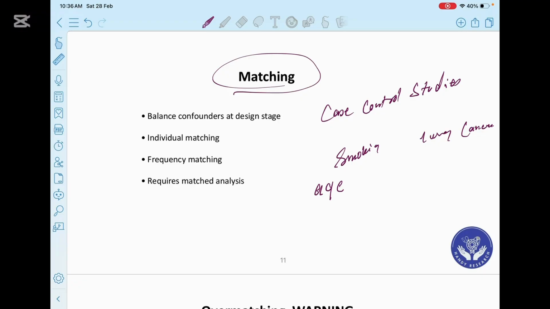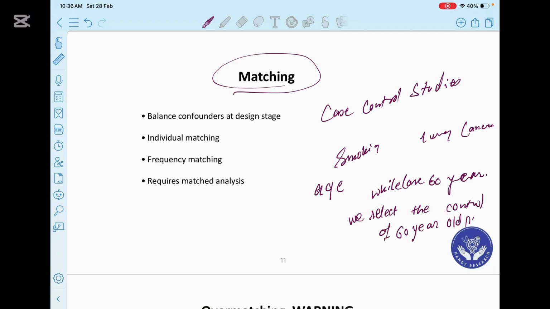How do we solve that issue? Through matching. So while we are taking the case, a 60-year-old, we select the control of 60-year-old people. Now the age distribution is equal, and we solve the confounding factor.